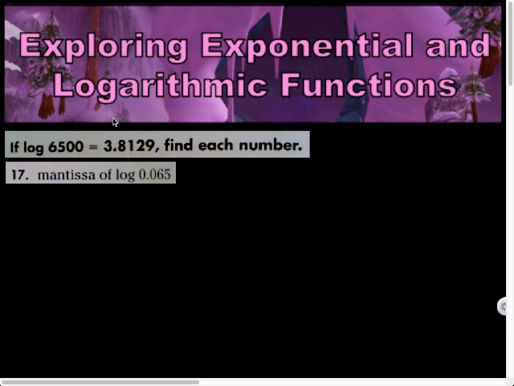What I want to point out, first of all, regarding the log of 6,500, is that it's the same as the log of 6.5 times 10 to the third, which would equal log of 6.5 plus log of 10 to the third.